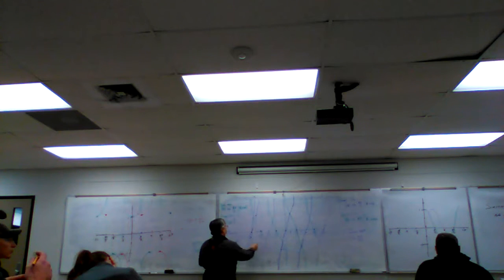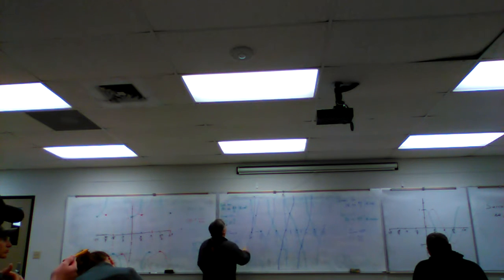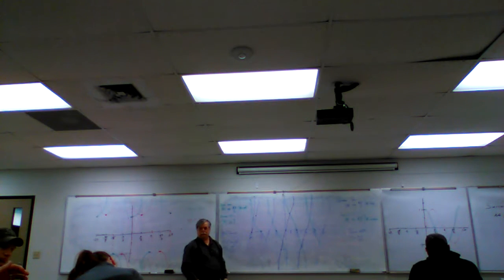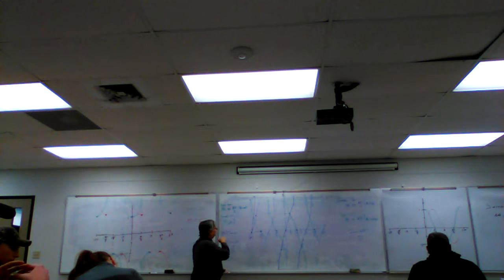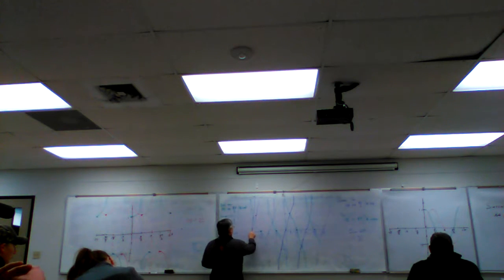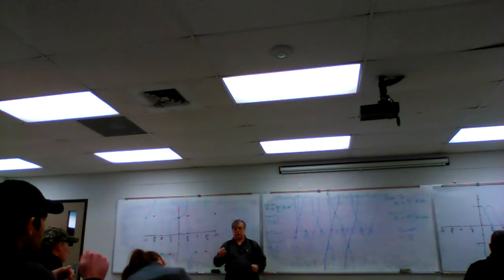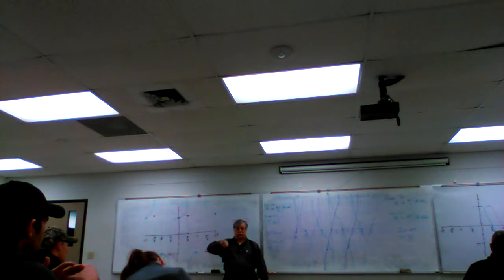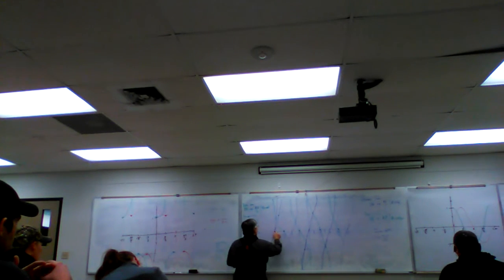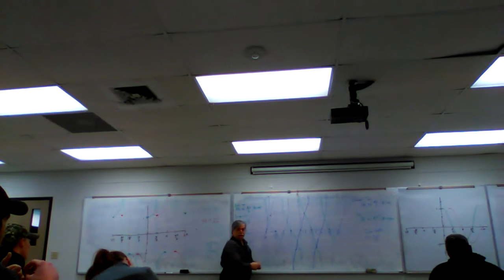What? The cotangent? Well, no, tangent at exactly minus 2 pi, tangent is exactly 0. And it crosses at that point.